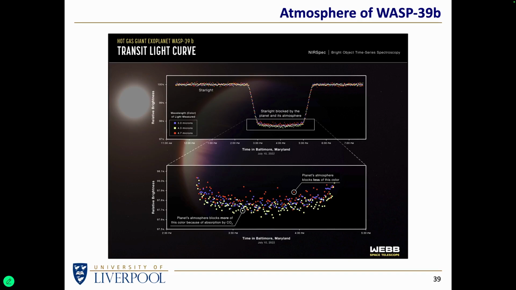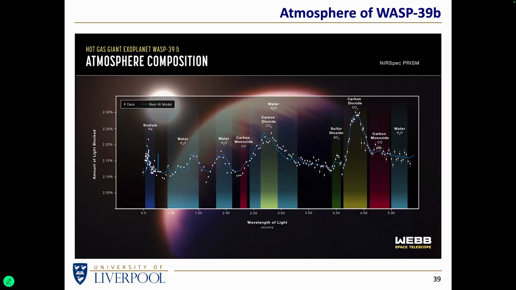And so if you look at the different depths of this transit dip, we can get information about which molecules are present in the atmosphere absorbing the light. And this is what the James Webb Space Telescope has been doing for a number of different planets. And here we can see some data from a particular planet.